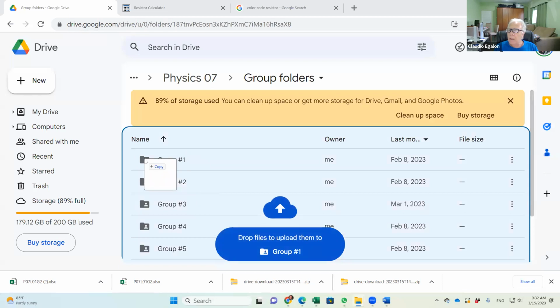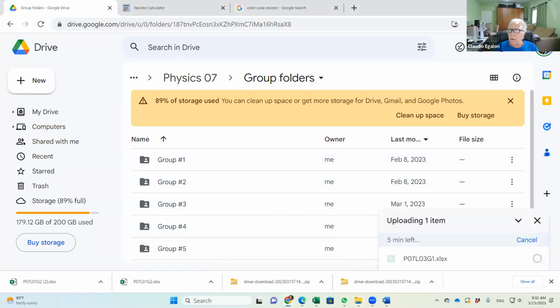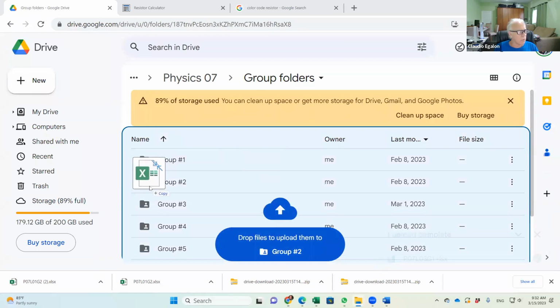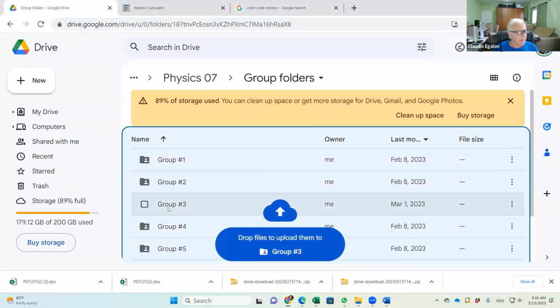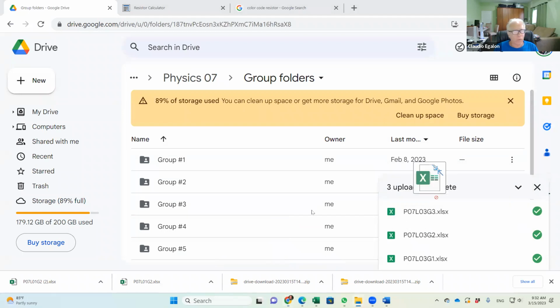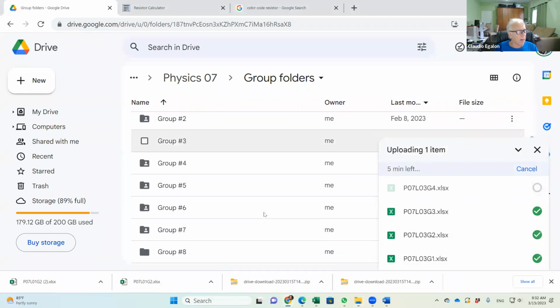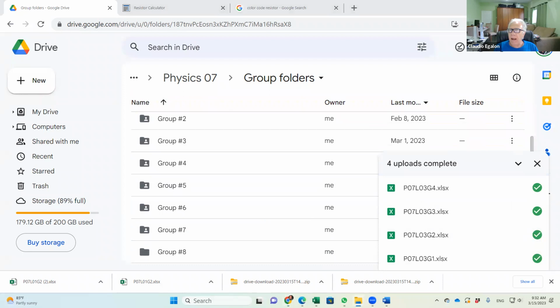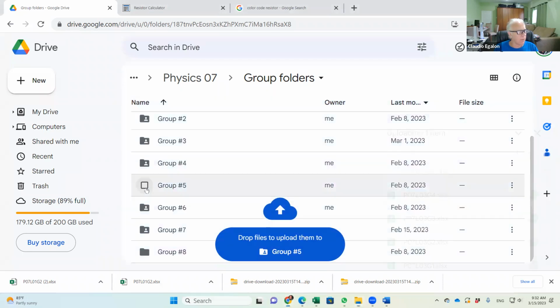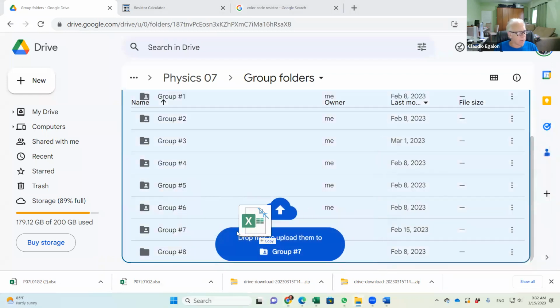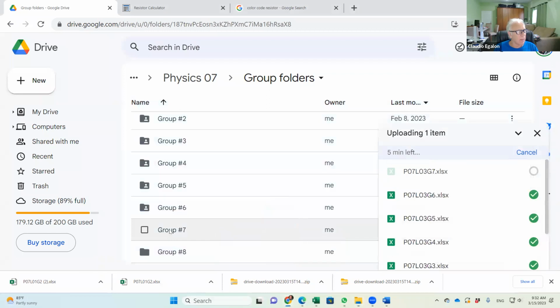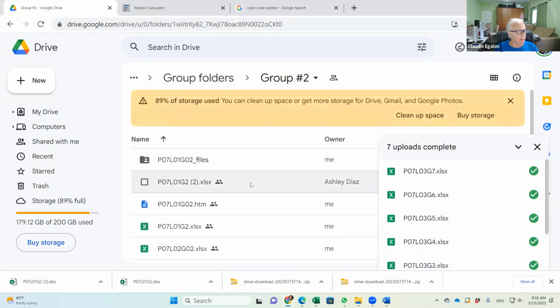Group 1, group 2, group 3, group 4, 5, 6, 7. Right, so we have everybody there.